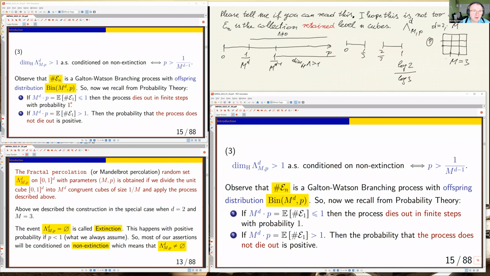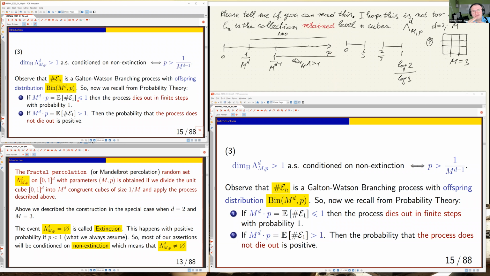Okay. So it's easy to see that the number of retained cubes is a Galton-Watson branching process with this binomial distribution, and that's why the expected number is indeed this m to the power d times p. And we know that if you have a Galton-Watson process and the expected number of children is not bigger than 1, well, then it equals 1.